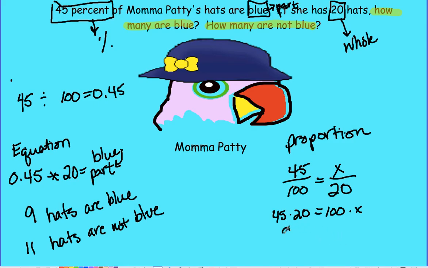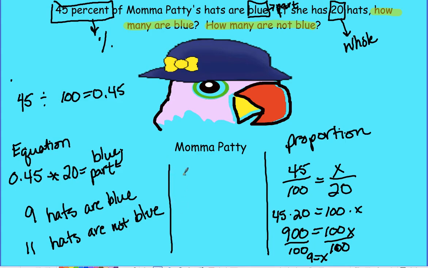And then we know that we do this and we get 900 is equal to 100x, and you divide both sides by 100, and you get 9, which is exactly what we got over here. Well, if you look at this, before we do 45 times 20, what if we moved over, so 45 times 20 equals 100 times x.